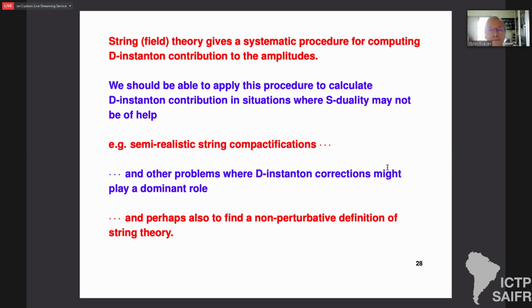Oliver, please. Yeah, suppose I want to apply this method for higher derivative operators in type 2b, say D^4R^4, D^8R^4, and beyond. What are the main problems and perspectives to get the higher derivative instanton contributions? I think there is no conceptual difficulty.